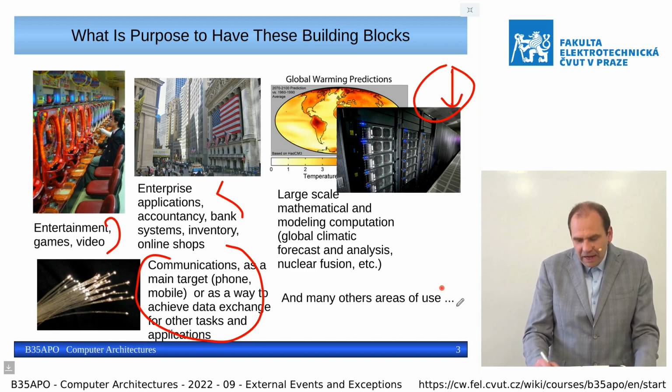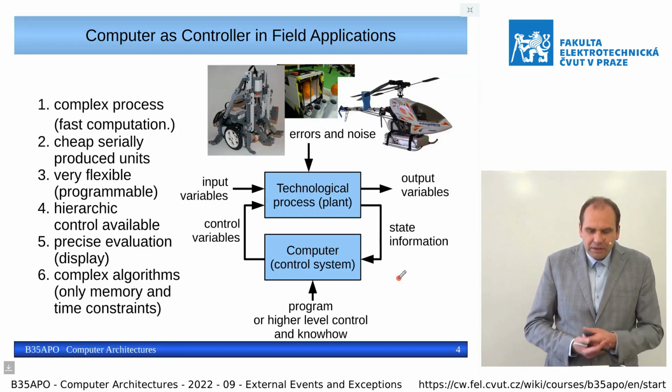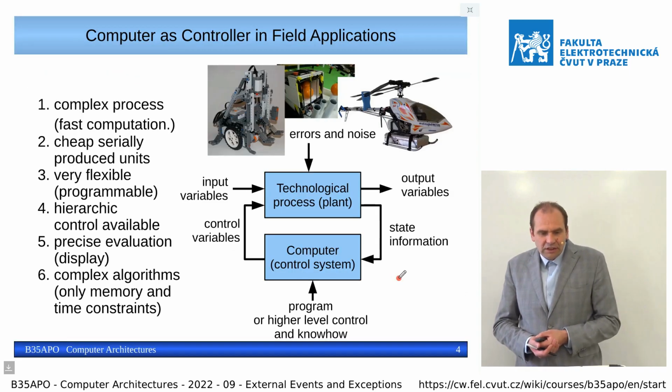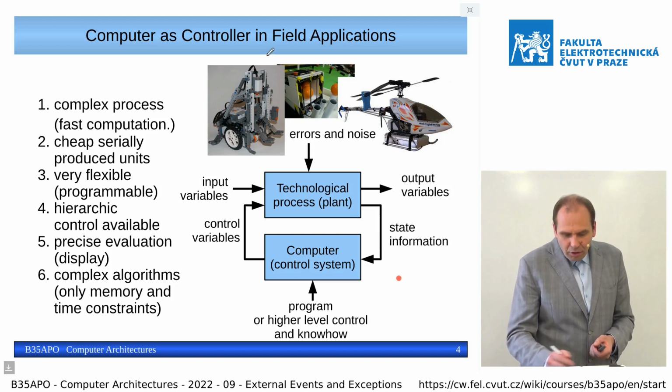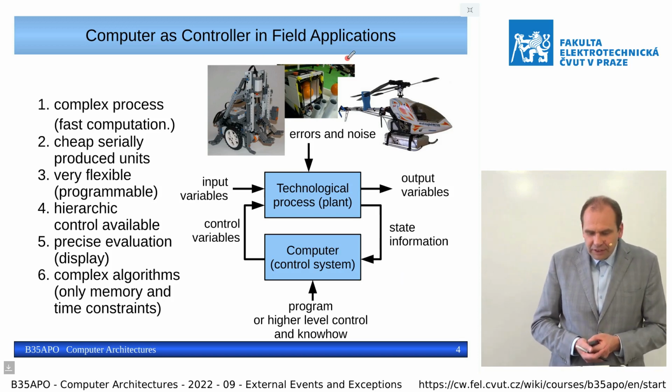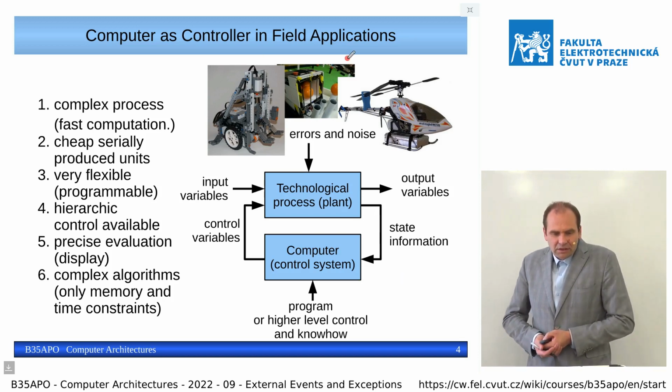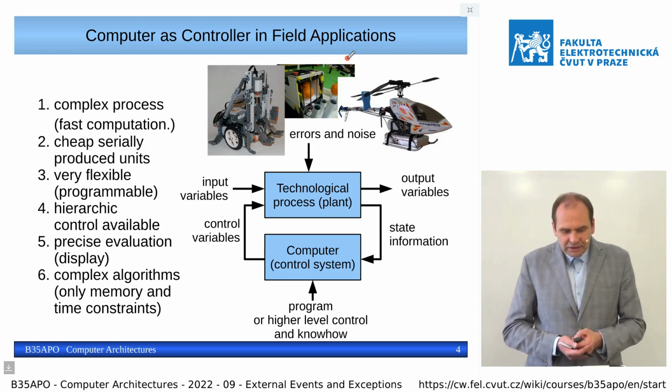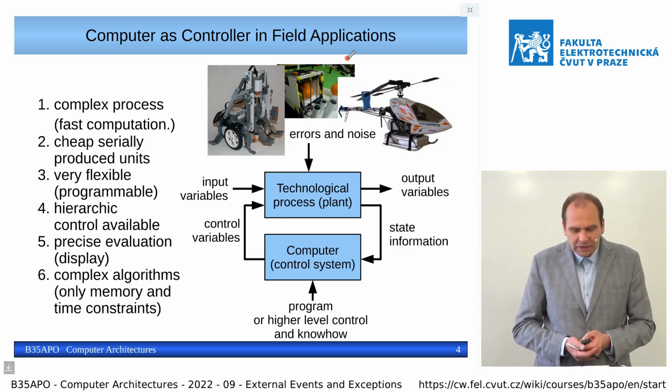And there are many other uses of computers. I am from the Department of Control Engineering, so there are some robots, models and so on, which we have done with the Linux operating system and other real-time operating systems.